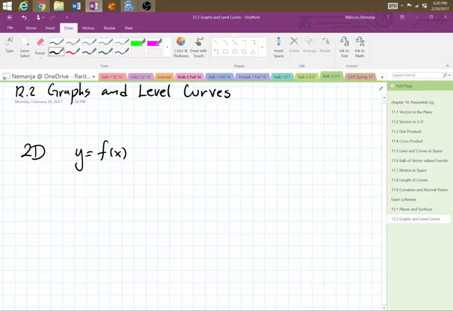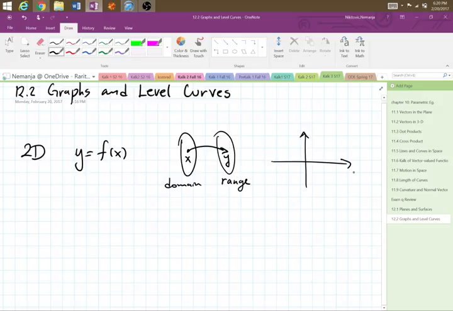So you have an input x which maps into a y. We had the domain, which is the set of all input values, and then the range, the set of all output values. And we had the graph of a point right here, x, y, or we could have a line graph for x squared or whatever else. So that was good old 2D.